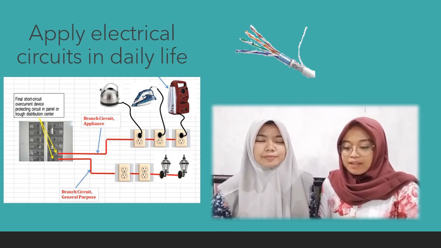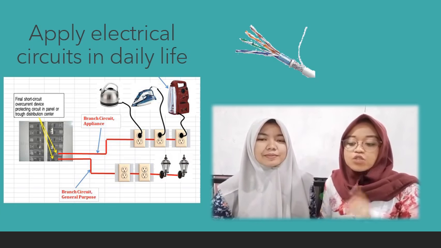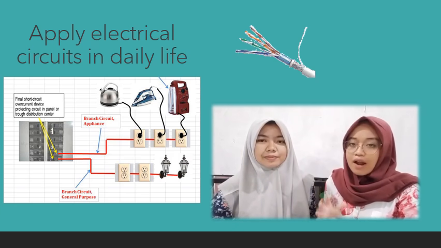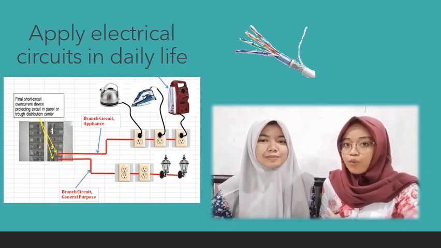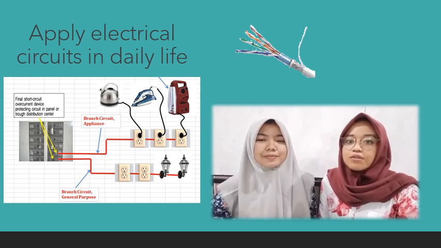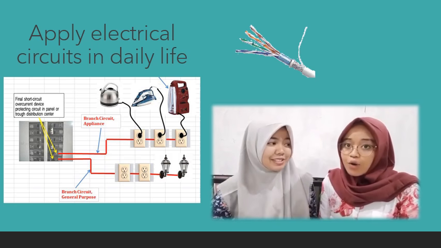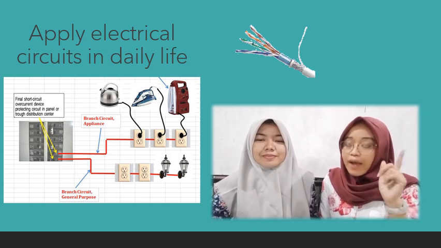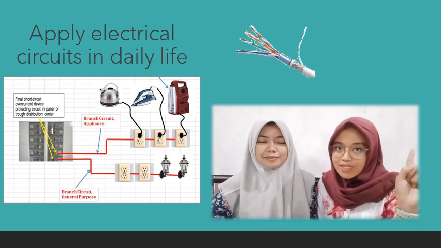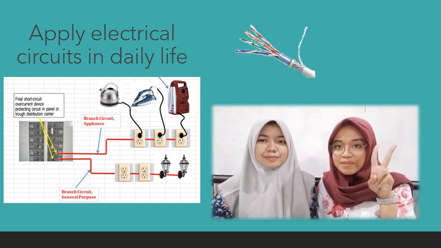For example, the lamps are brighter, and if one component is not working, the other components still run well and still turn on. For example, in our class, our room, our house, when we turn on one switch, we can turn on 4 lamps or 2 lamps.